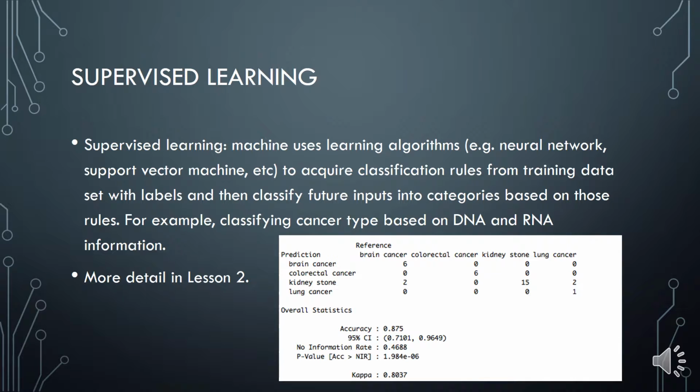A simple example of supervised learning is getting the computer to classify animals into, say, mammals or reptiles based on several parameters such as their body temperature during the day and during the night, where their natural habitats are, what do they eat. Another example is to classify tumors based on DNA and RNA gene expression data. We will talk more during next session.